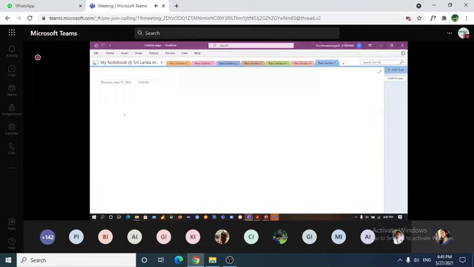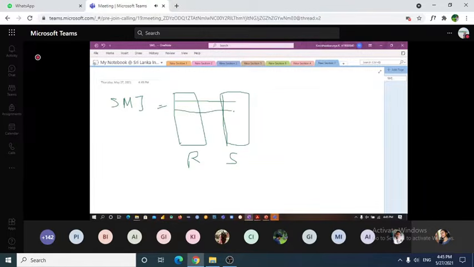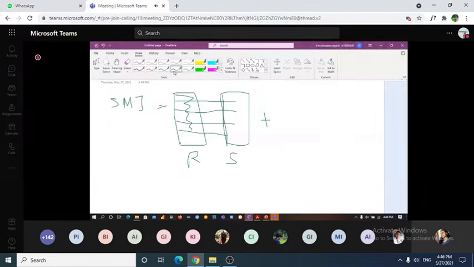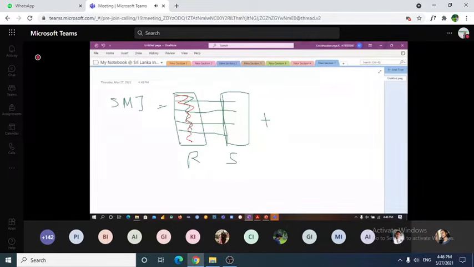What happens here is you have an outer table R and an inner table S. We sort both tables and then we are merging those together. We are sorting R table first, then sorting S table, and then merging both together. That is what happens in sort merge join.